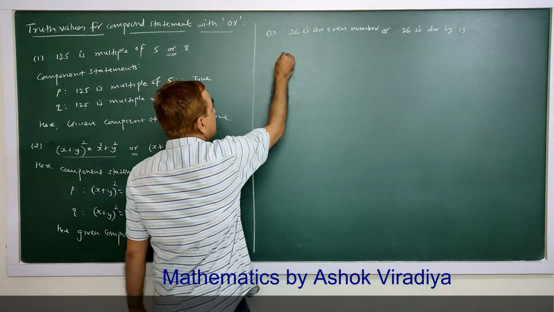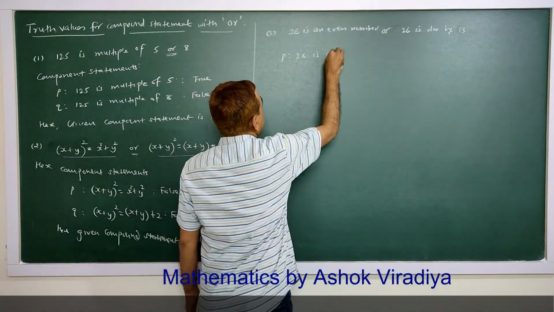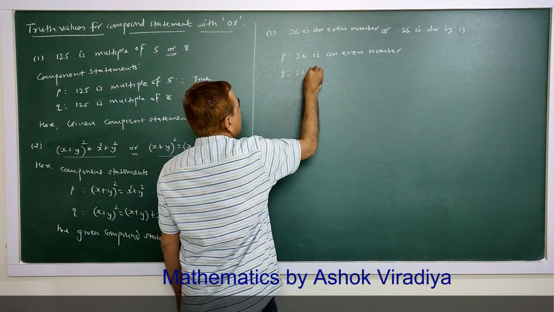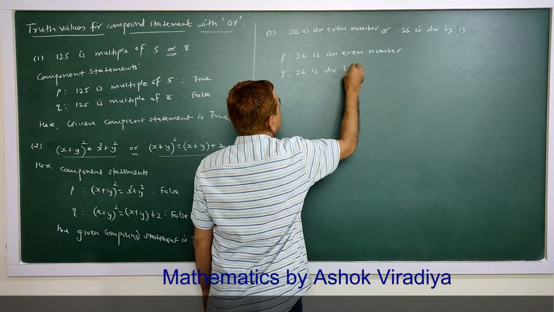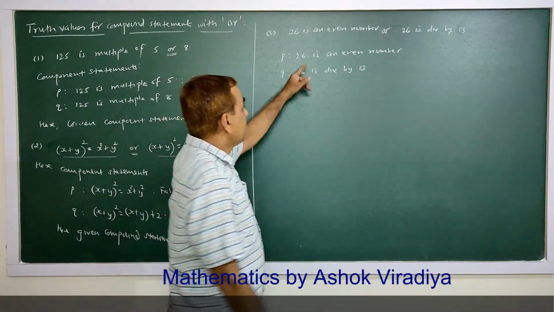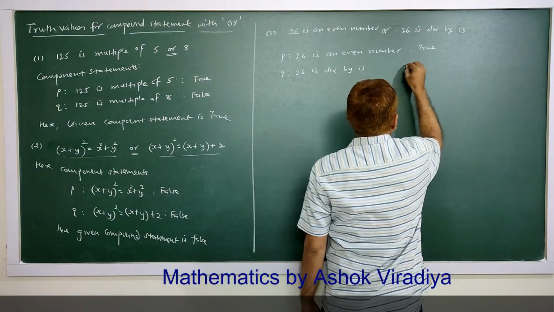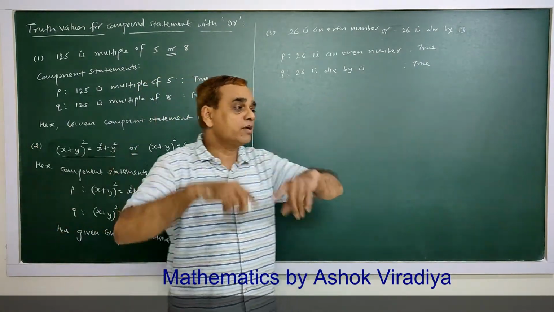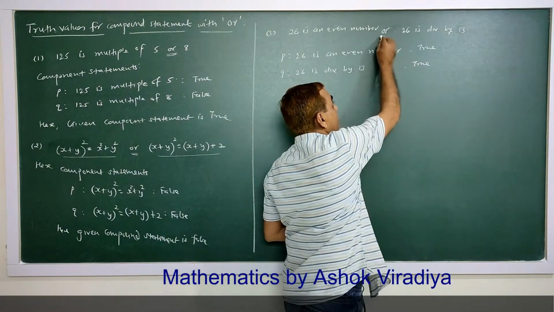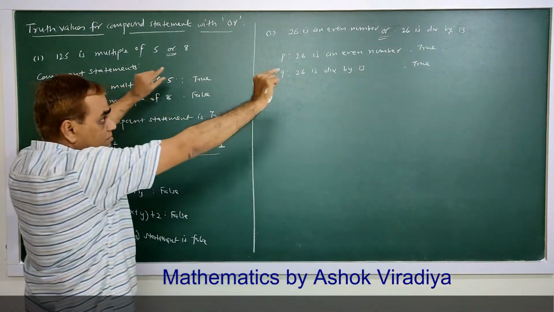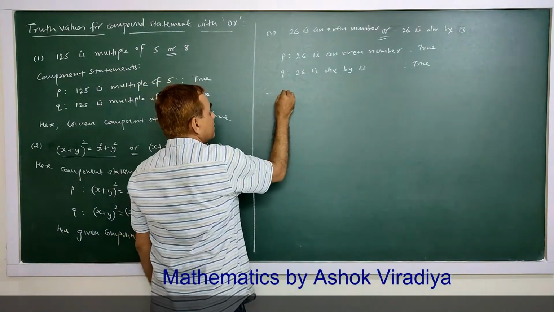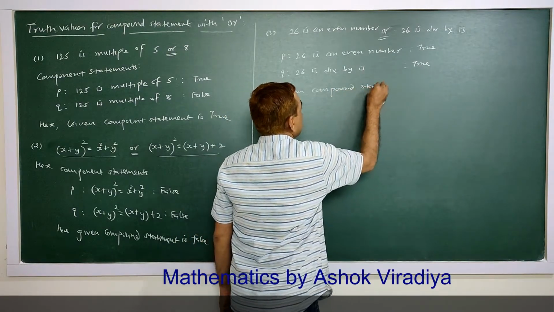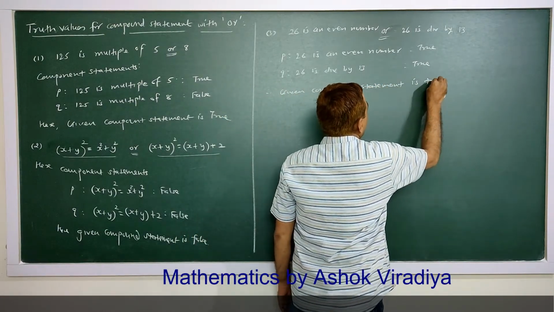So here P is 26 is an even number. Q is 26 is divisible by 30. P is true. Q is also true. Both P and Q component statements are true, and because these component statements are connected by word OR, the given compound statement is also true. Therefore, given compound statement is true.